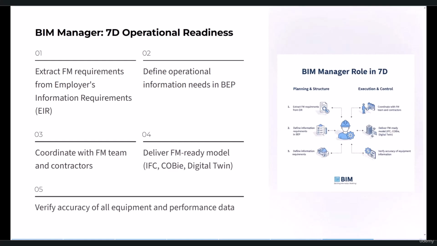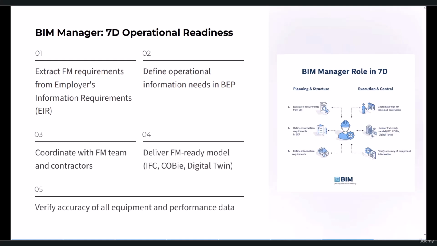So we'll go to the role of the BIM Manager in this dimension, which is to extract FM requirements from the employer's information requirements. I mean, for example, a client will tell us what kind of information we need for maintenance of the building. When it obtains the information from the EIR, after that it will define those necessities inside the BEP, so that the modeler will enter them into the models.